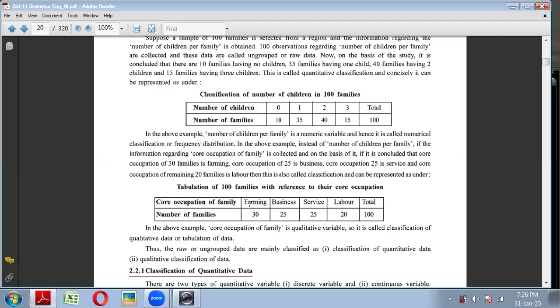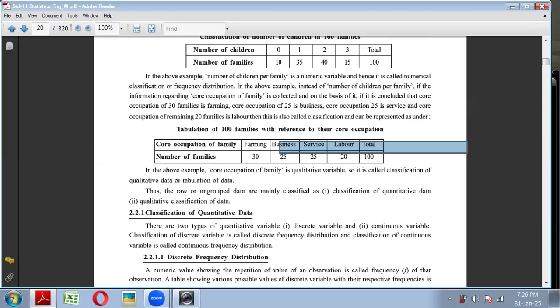Every person in this world does economic activity, right? So, how many families are into farming? The families are 30. How many families are into the business sector? 25, and so on. Service, labor. So, this is called qualitative data. This is the example of classification of qualitative data, or tabulation of data.